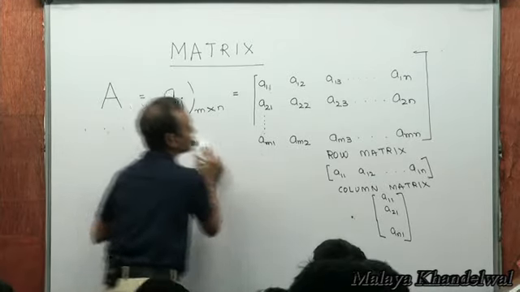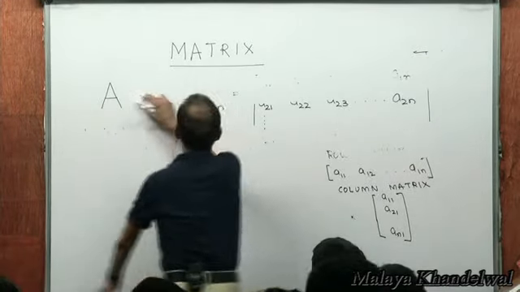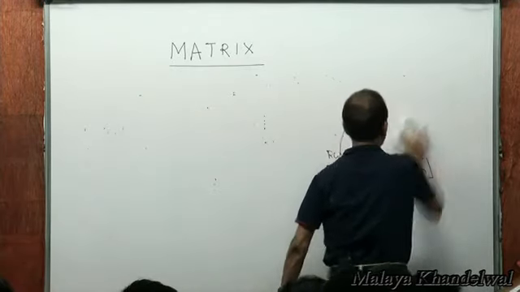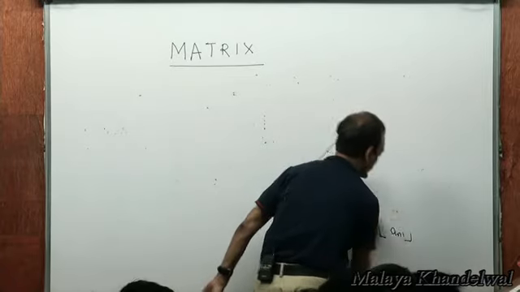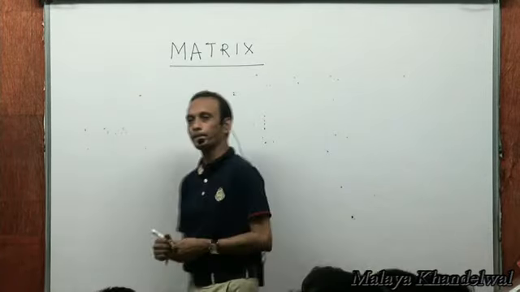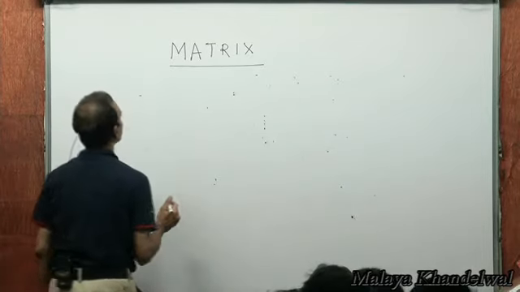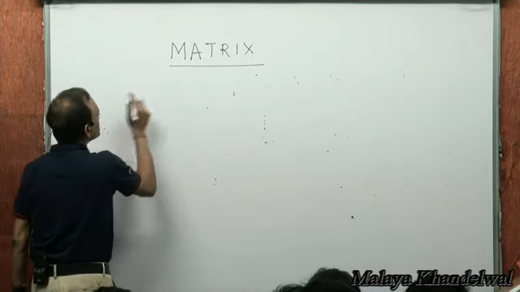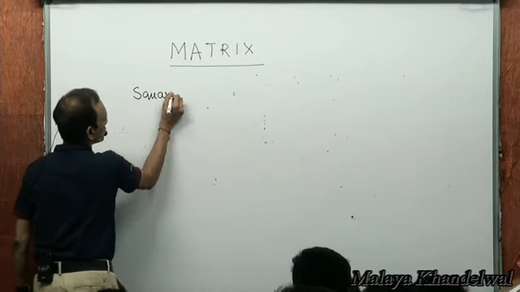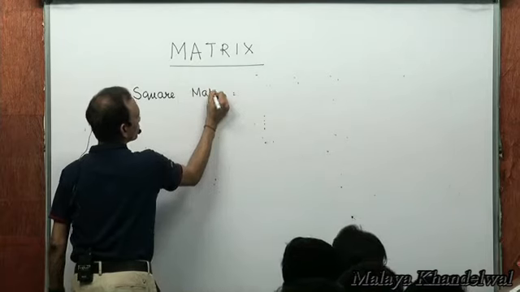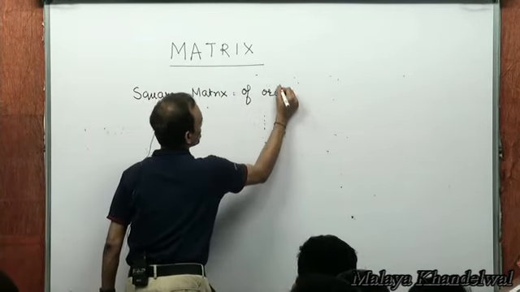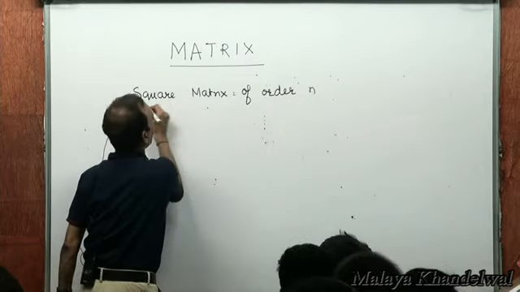Then for square matrices, we have another broad nomenclature. Let's say I have a square matrix of order n.